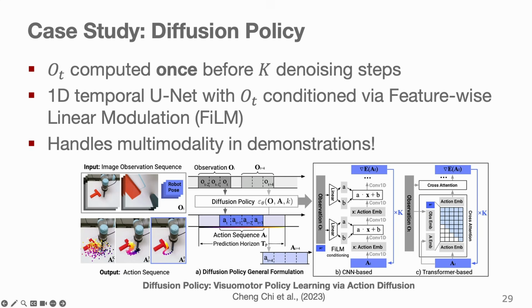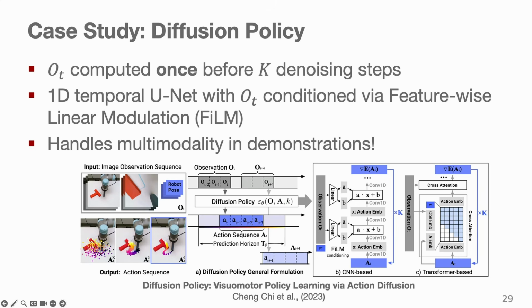Maybe I'll go a bit more quickly over this. The first thing to notice here is that the observation is computed only once before the K denoising steps, right? So we don't have to recompute this at every step. This is quite crucial for efficiency.